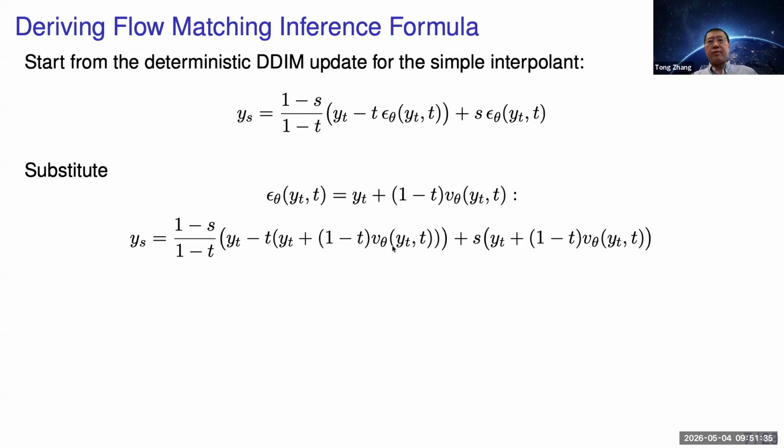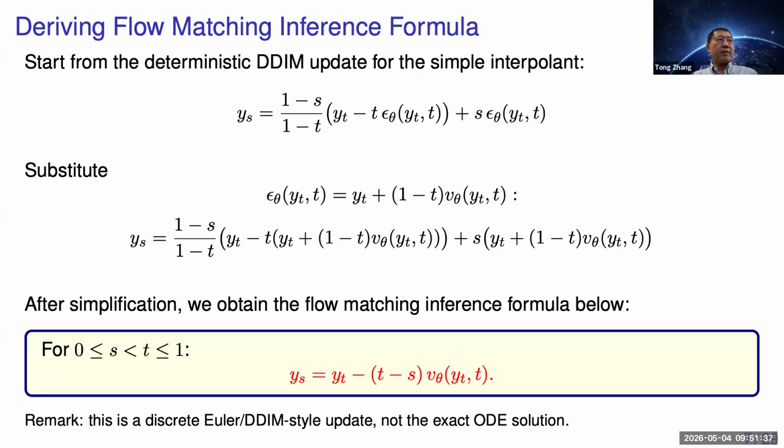I don't want to go into the details about algebra. You can do that algebra yourself, and simplify this. You get this formula. So this is basically the formula you get with flow matching, just by changing your prediction target. Prediction of epsilon to prediction of velocity, velocity epsilon minus y0. So essentially, it's just velocity times this, and there's no 1 over t, right?